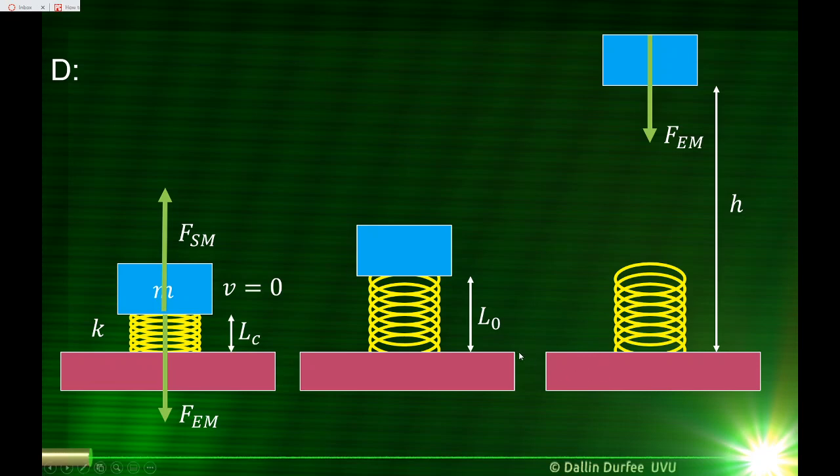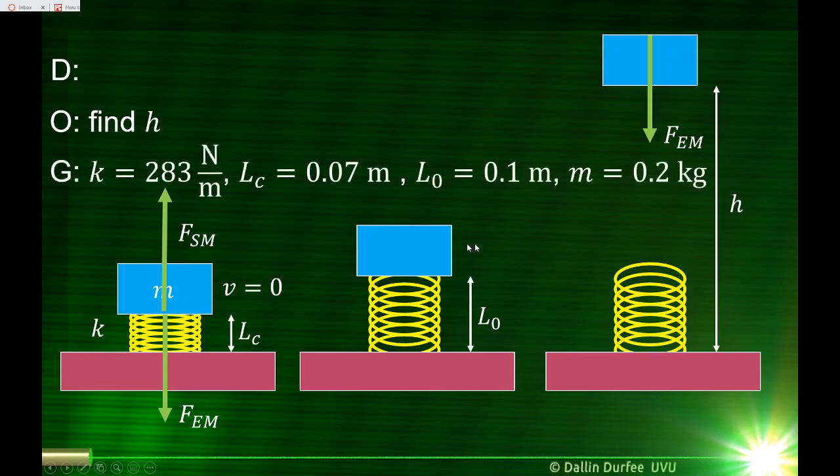Okay, so there's my diagram, and my objective is to find h, how high above the floor my mass will go. My givens are the spring constant, the compressed initial length of the spring, the uncompressed length of the spring, and the mass of the mass. Also, we can assume we know that g is 9.81 meters per second squared.